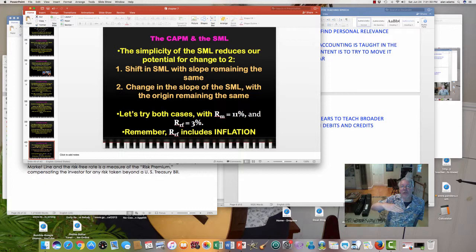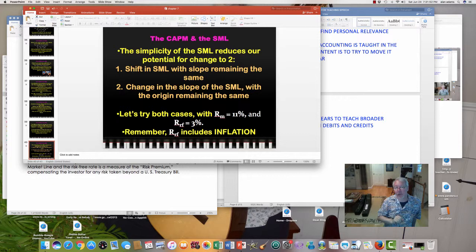It can go down if inflation decreases. Okay, but the slope will stay the same. I'll demonstrate this momentarily. All right, or the change in the SML can be starting at the same origin, but the slope can change.